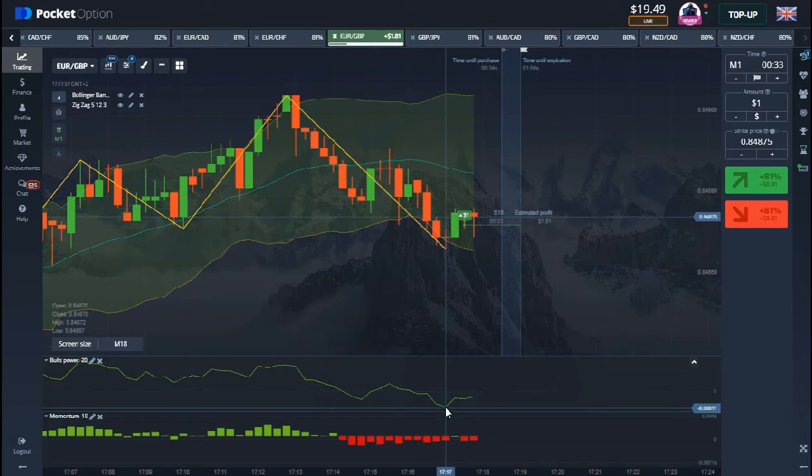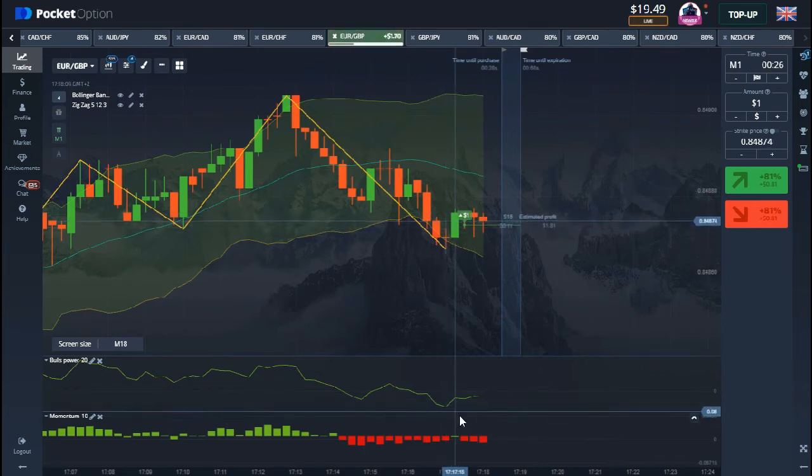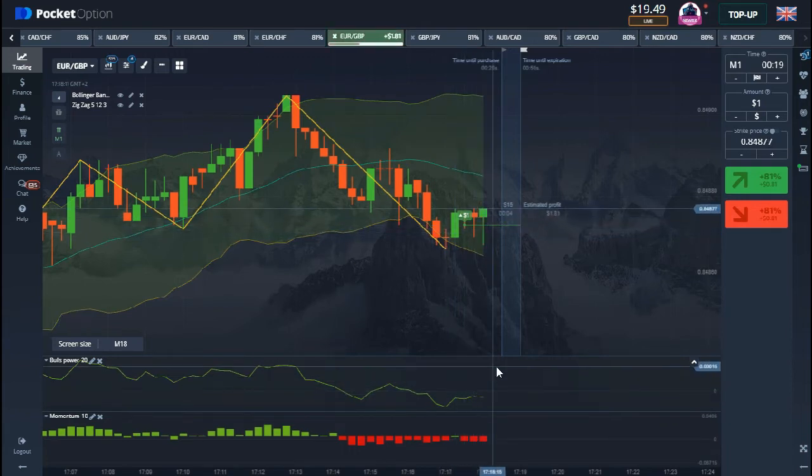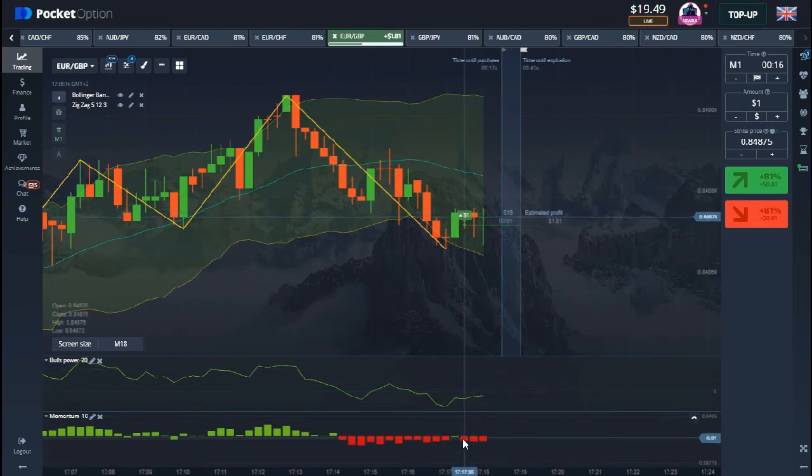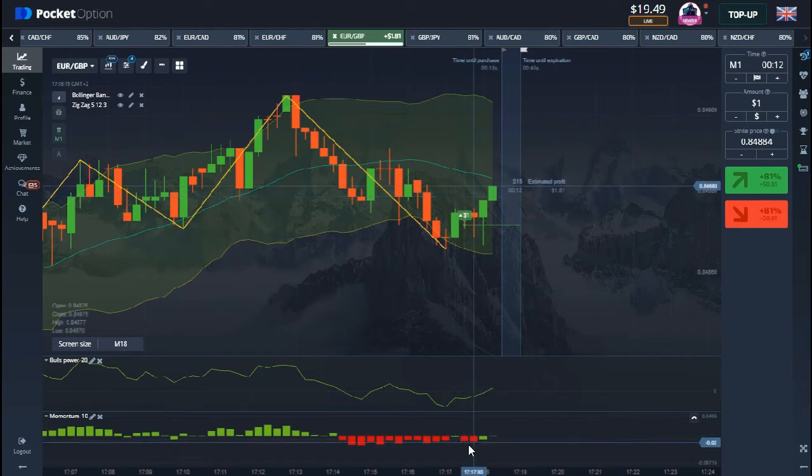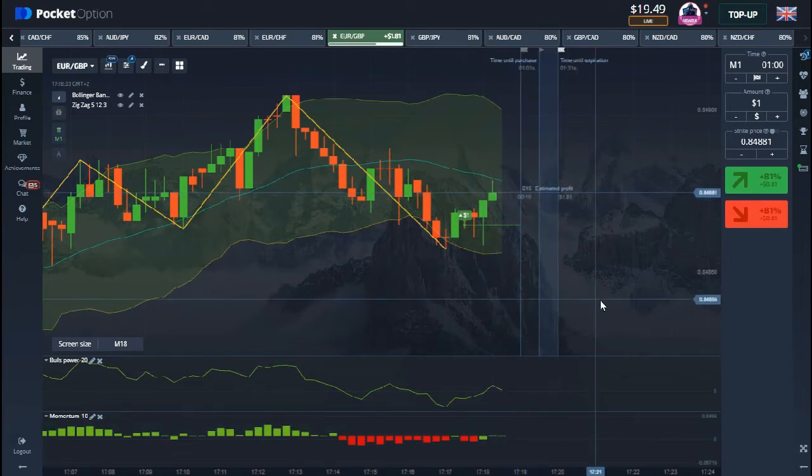See, ZigZag is here and it's making the lowest, and now Bulls Power is showing to the above, and the Momentum is also, see, it's close here and it's close here, and now it's making the above for up. So let's see the result.